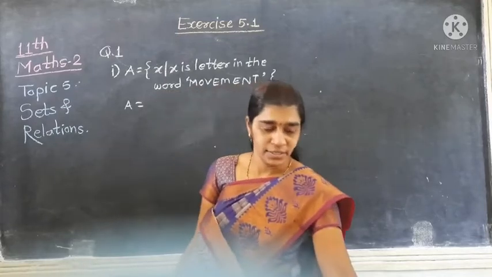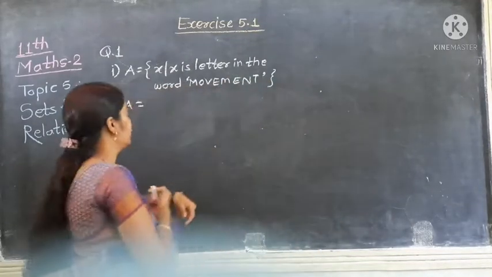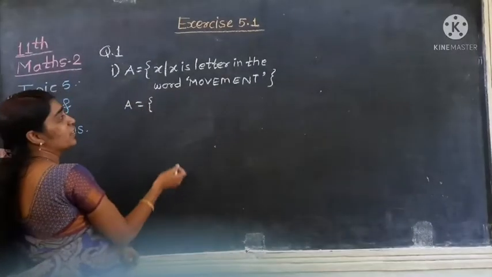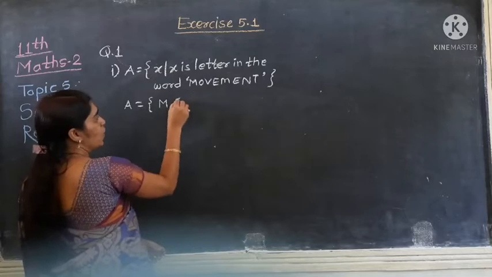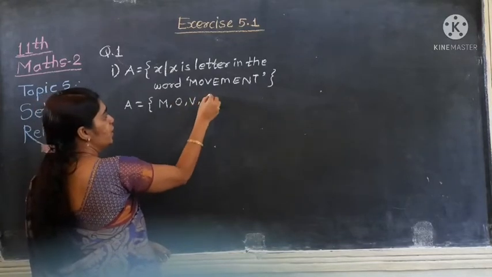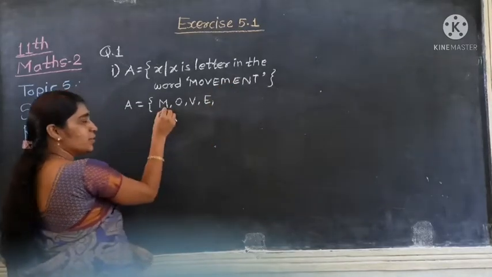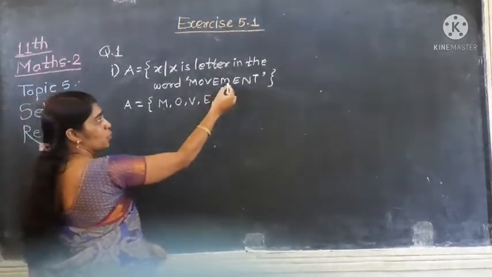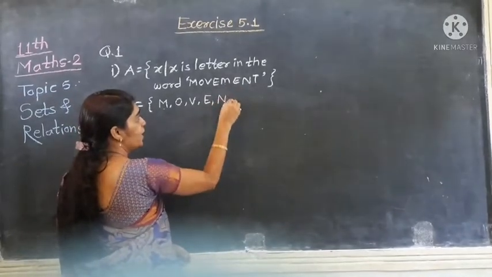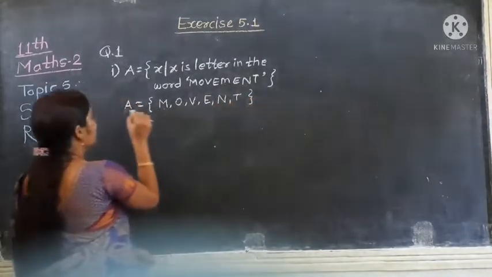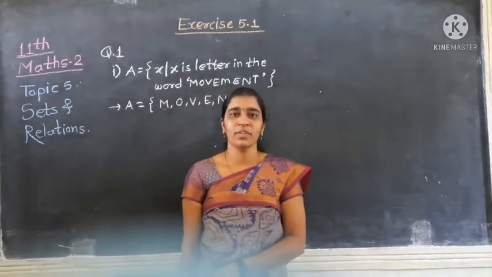We write the letters with curly brackets. First letter is M, then O, V, E, then again M. M is already written here, so we do not repeat M. E is written here, then N and D. This is the listing method or roster form of the given set.